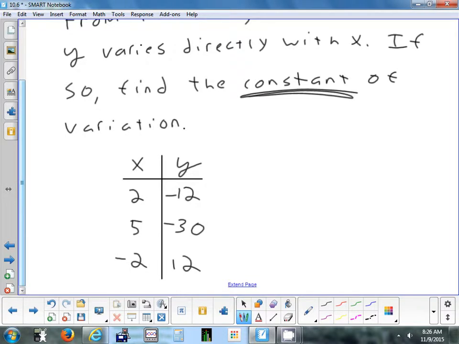All right, so Logan, what's the formula to find the constant? Y over x. Okay, let's check it for the first row. Davin, in the first row, what's y divided by x? Negative 12 divided by positive 2.